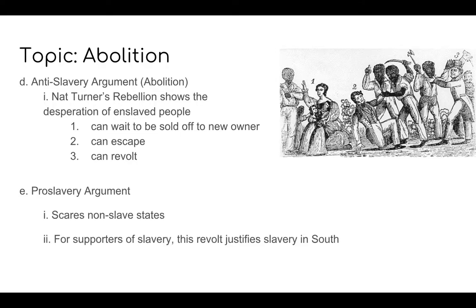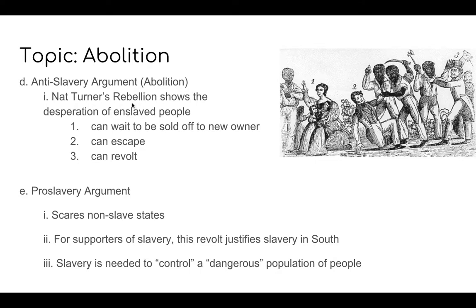So, for supporters of slavery, this revolt justifies the practice of slavery in the South. Slavery is needed to control a dangerous population of people. So supporters of slavery would say, look at what happened with Nat Turner. Clearly, we need to increase slave codes, increase how this population of people are controlled, because look what can happen.